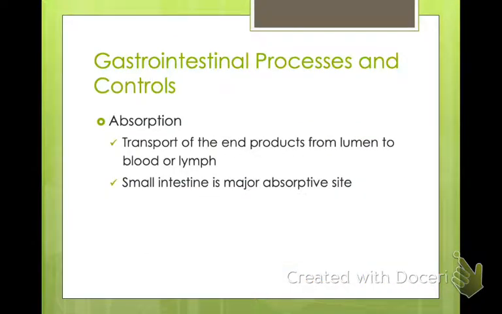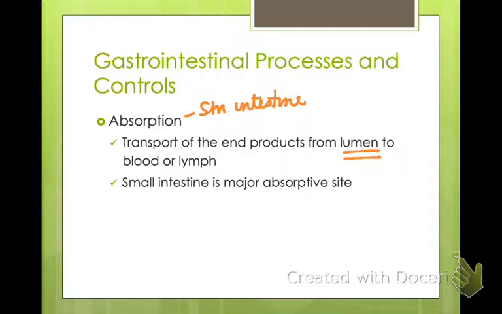And then in the small intestine, we have absorption occurring. Absorption is occurring in the small intestine, in all of those villi that we talked about, that line the circular folds, and they are going to absorb all of those nutrients that were just broken down in digestion. And it says transport of the end products from the lumen.